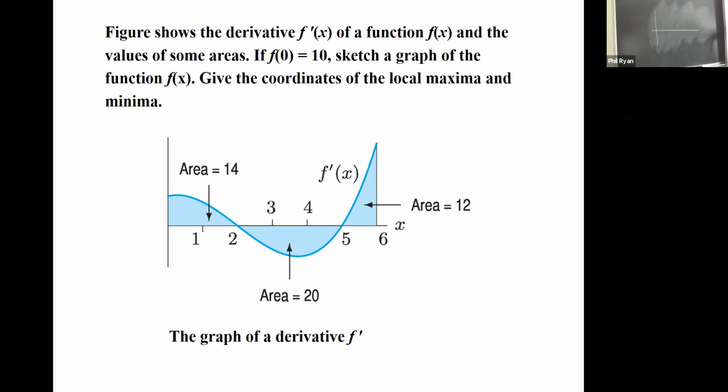Okay, so here the derivative is positive. Remember, f prime is the derivative, right? So f prime is positive. So this means f is increasing. At 2, the derivative is 0. So that means at 2, it's flat.